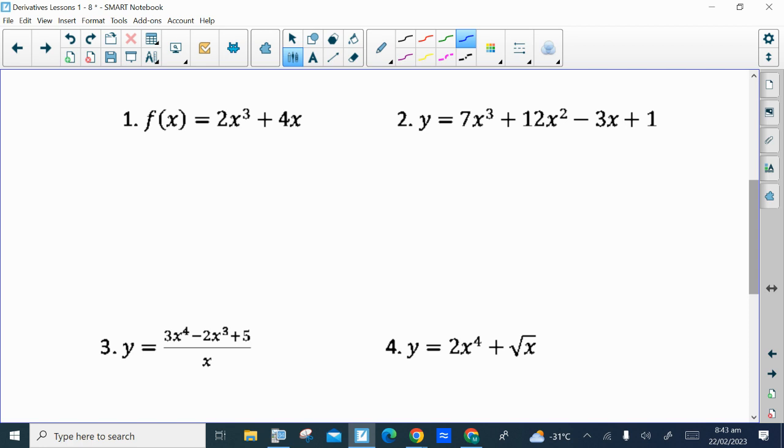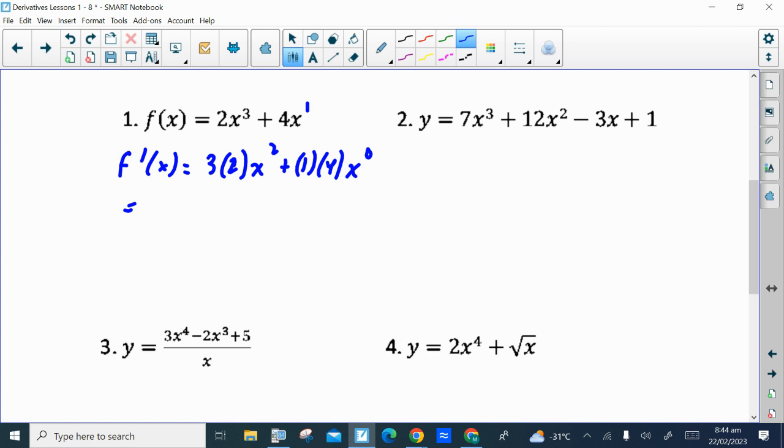So, number one, we're going to differentiate these. If f at x equals 2x cubed plus 4x, then f prime x, the derivative, can be found by this power of 3 being multiplied by the coefficient of 2, and then the power decreases by 1. The 4x is 4x to the 1, so the exponent 1 is multiplied by the 4 in front, and then the power on x decreases by 1.